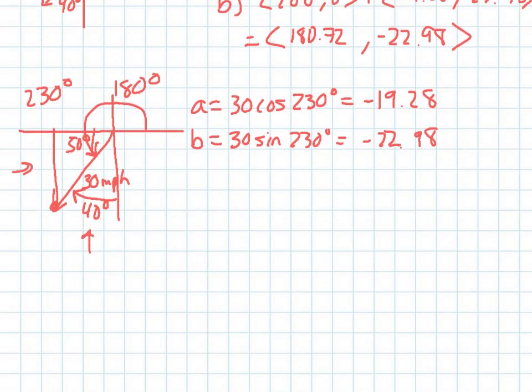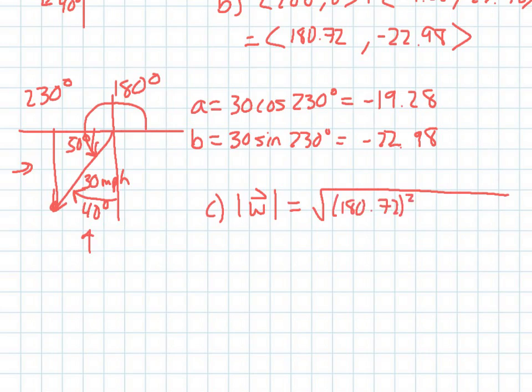Letter C, you want to find the magnitude of this new vector. So I take 180.72 squared plus negative 22.98 squared.